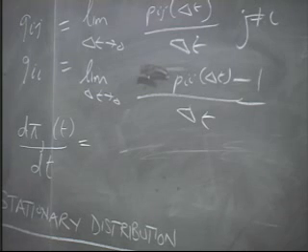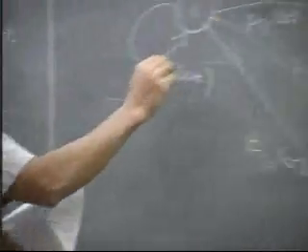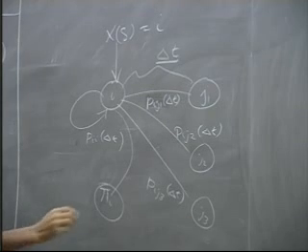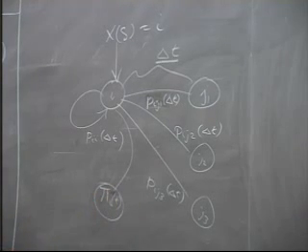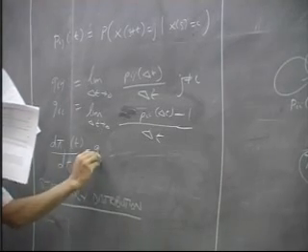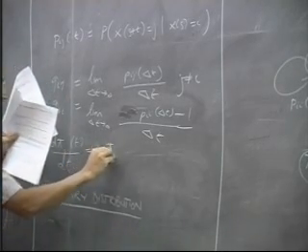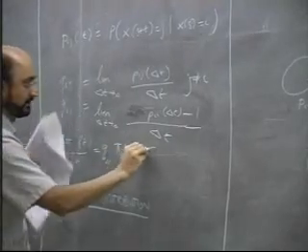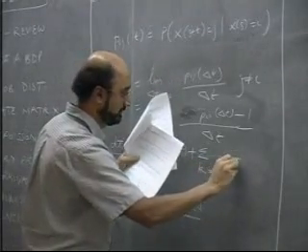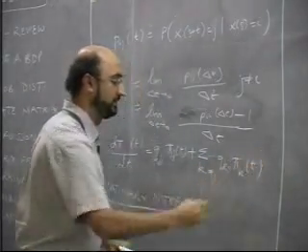Right. So I was going to say that d pi j by dt, where pi j is the probability of being in state j at time t, is the rate at which this probability itself changes, and it is given by Qjj pi j t plus the sum over k not equal to j of Qkj pi k t.